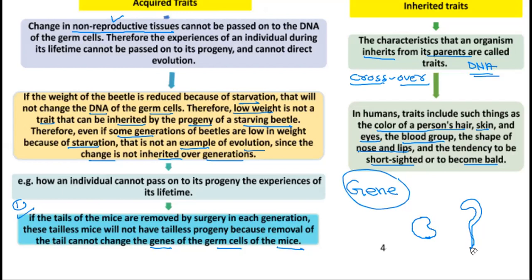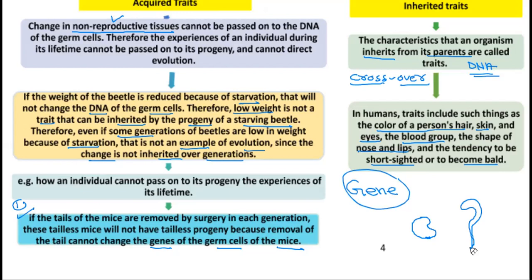So if your progeny is a carrier of this sickle cell anemia, then definitely it will pass to its progeny, right? In its recessive mode, it fails to express itself. But if it is in homozygous condition, then the sickle cell anemia will express itself.